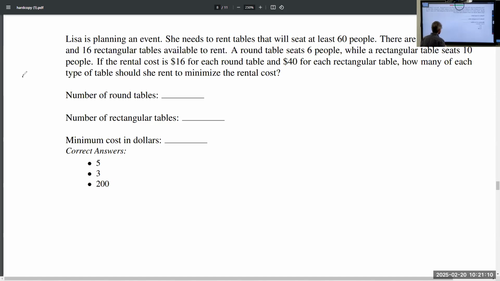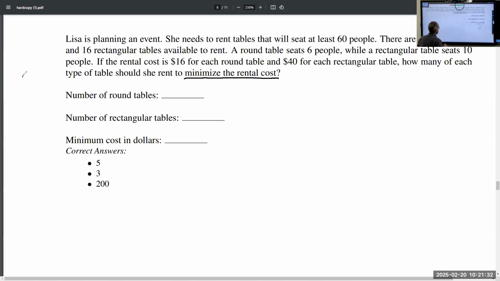So what are we trying to solve for? It says how many of each type of table should she rent to minimize the rental cost? So somewhere down the line, I need to minimize rental cost. Minimize rental cost is my goal here.